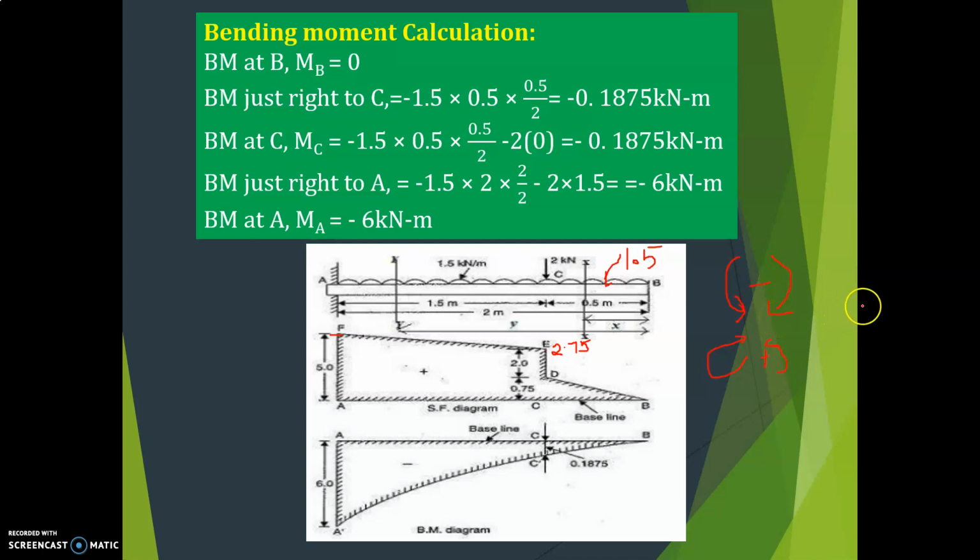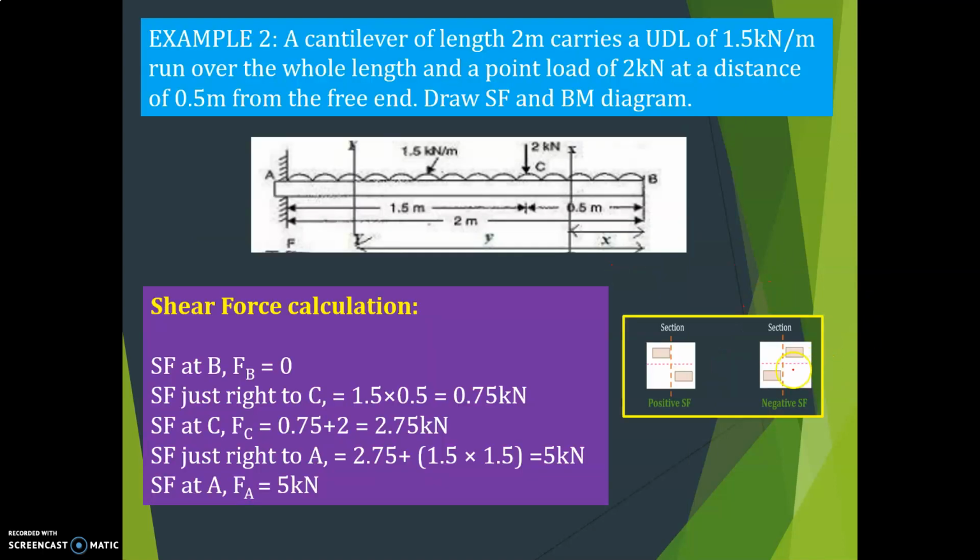Even for shear force, right side downward is positive and right side upward is negative, or left side upward is positive and left side downward is negative. Just remember, because I always start the problem from the right side. So right side downward plus, right side upward negative. I hope all of you understood.